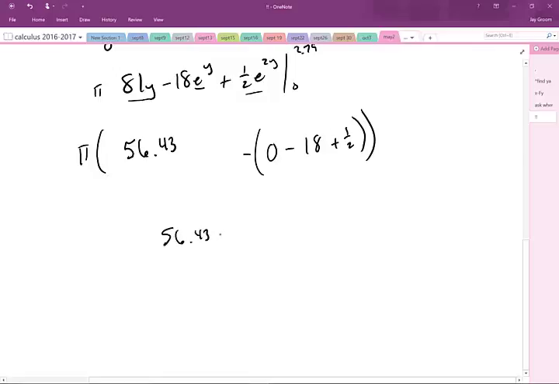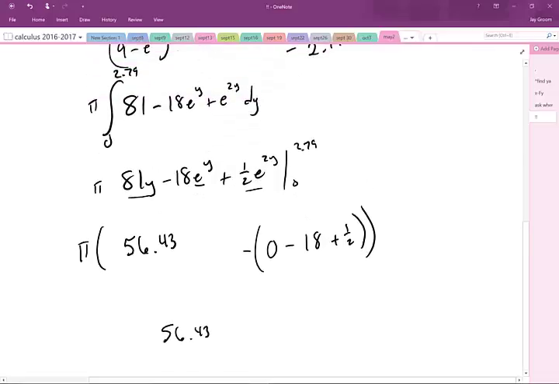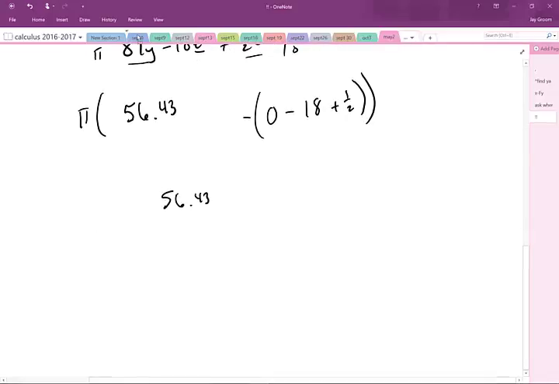Why is that negative? That feels funny. Anyway, so minus and minus, so plus 17 and a half. That's weird. It feels a little awkward, but whatever. Multiply that out. What do you get? So it's 232.57, or in that ballpark.